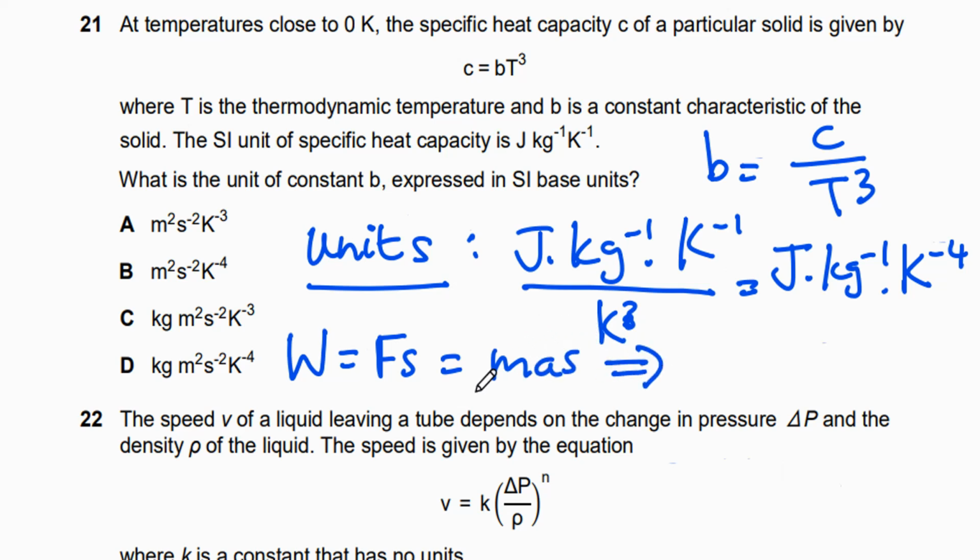So the units of measurement then for energy or work done will be kilograms, mass in kilograms, acceleration in meters per second squared, times S, which is displacement, so times meters. We can simplify this. M times M is M squared.